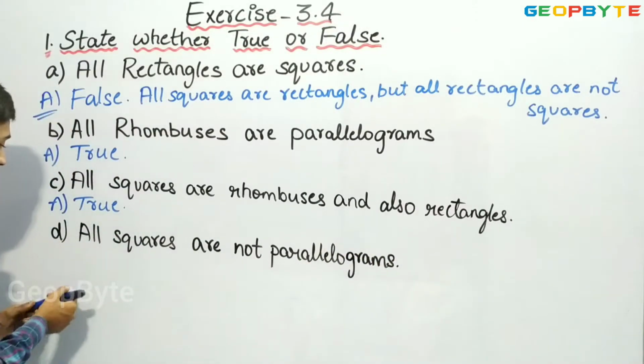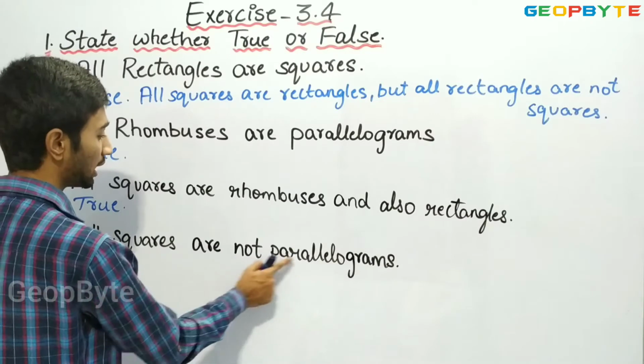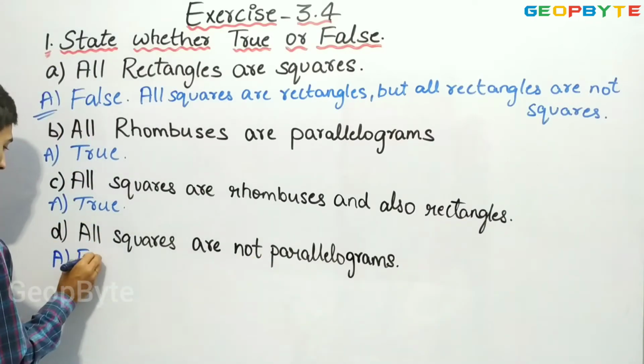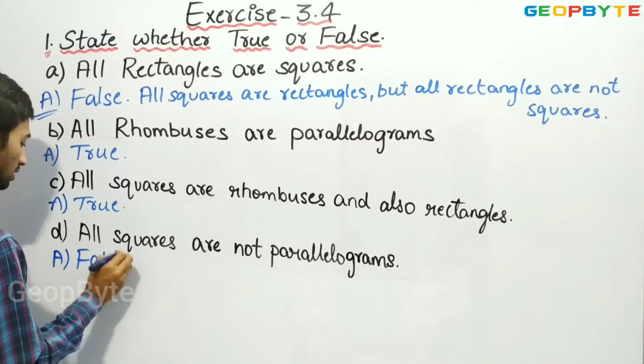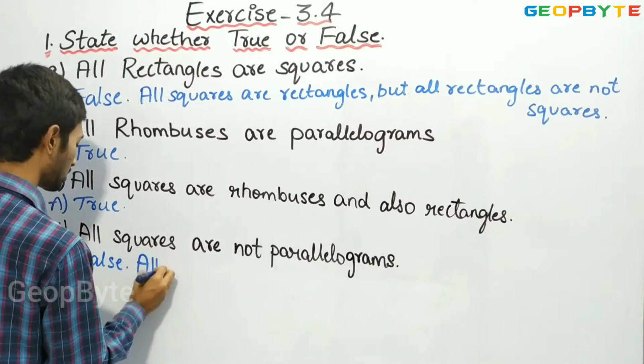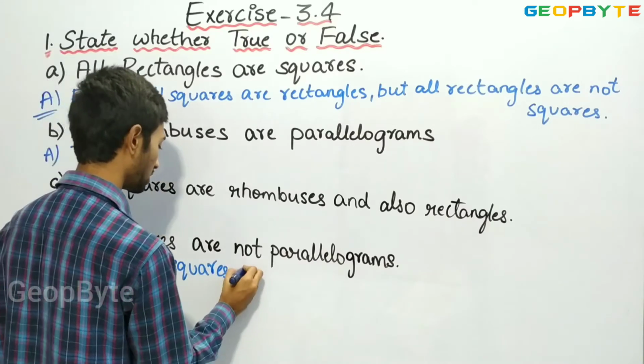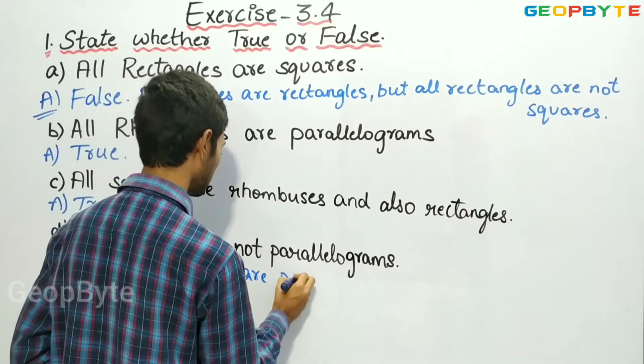Now D. All squares are not parallelograms. False. Because all squares are parallelograms.